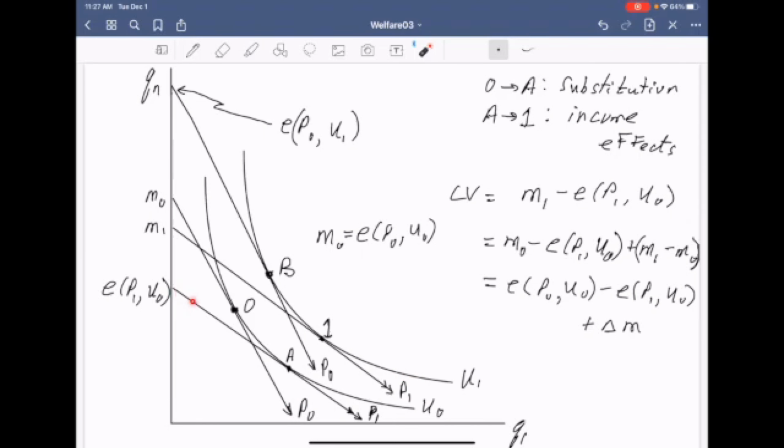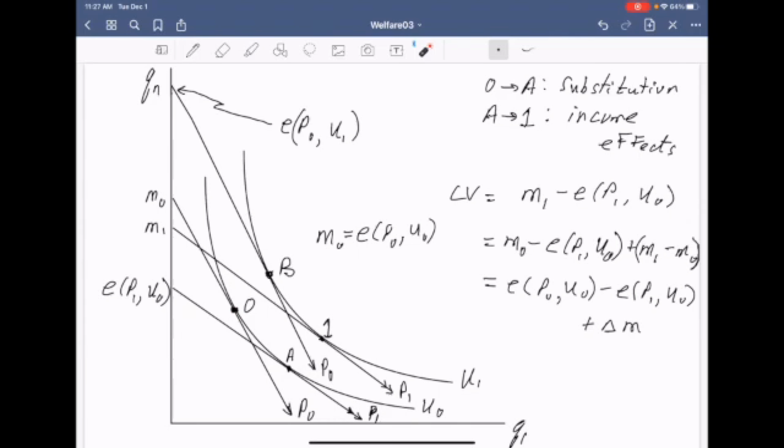If we wanted to stay on this utility function U0, we'd move to point A. So 0 to A is our substitution effect, but then because we have that new income, that brings us out here. So from A to 1 is our income effect, and we then shift from here to there.